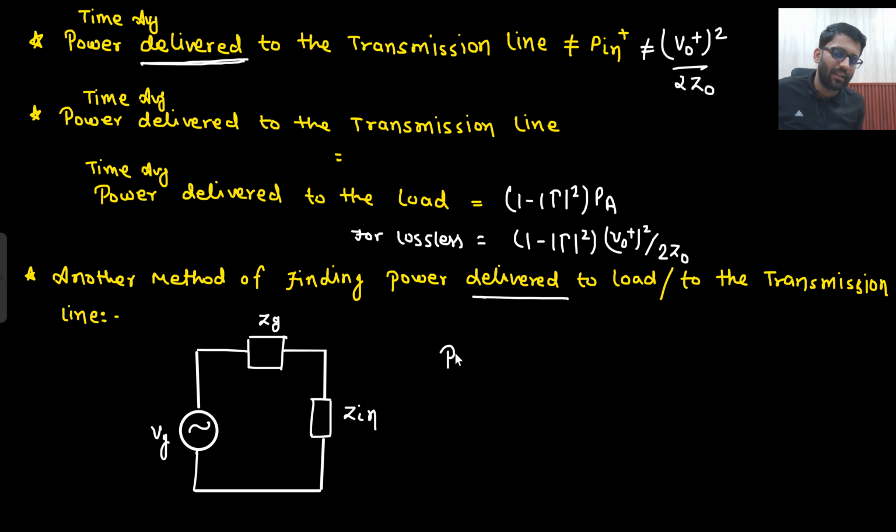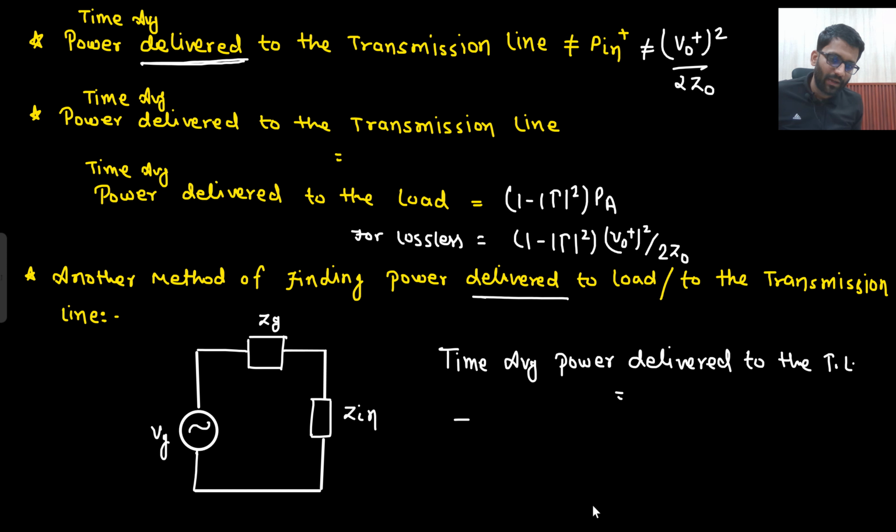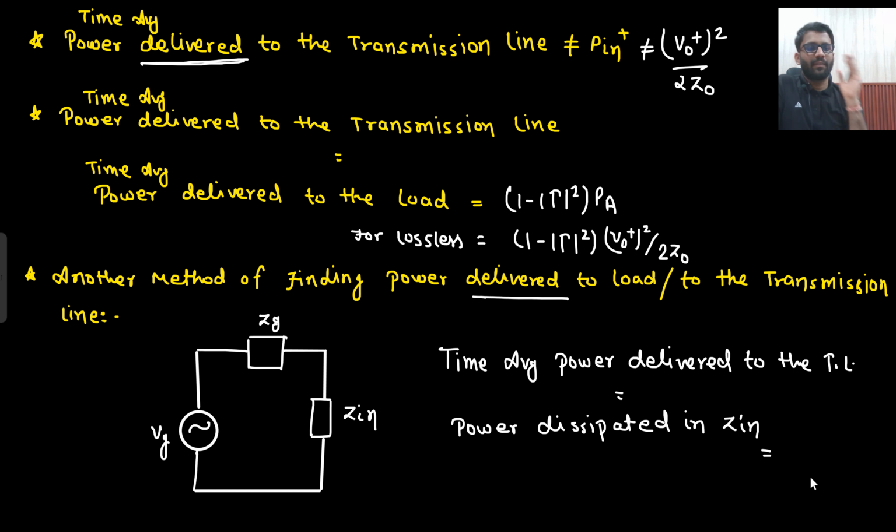So the time average power delivered to the transmission line will equal the power dissipated in Zin. Are you getting this point?